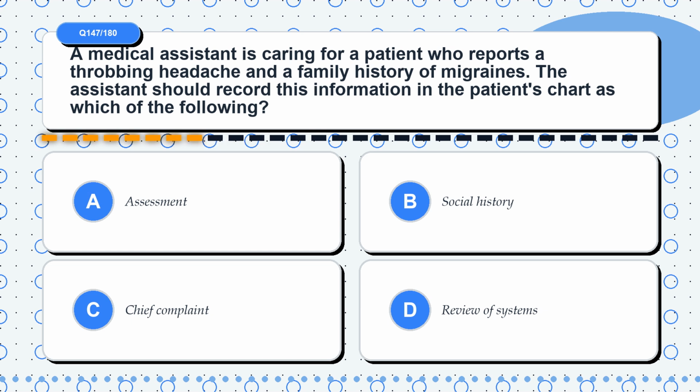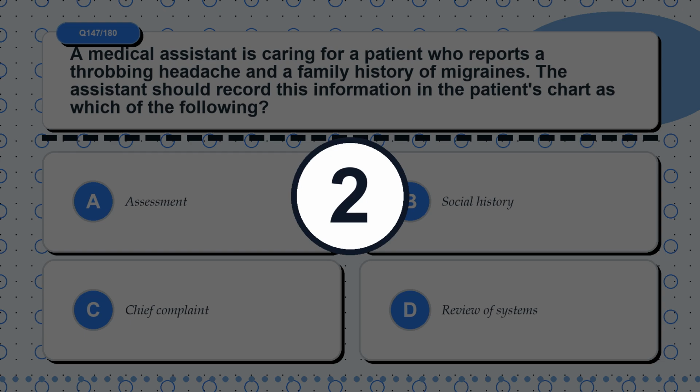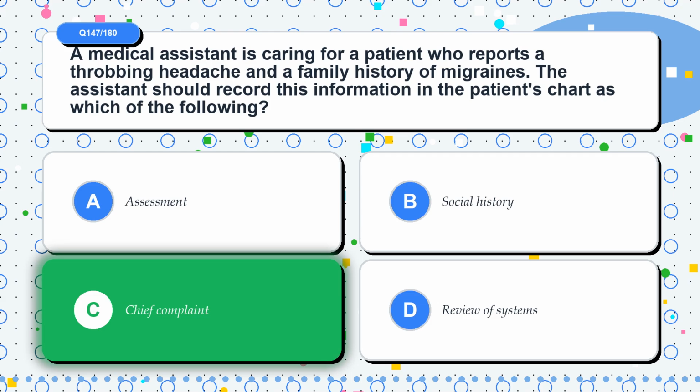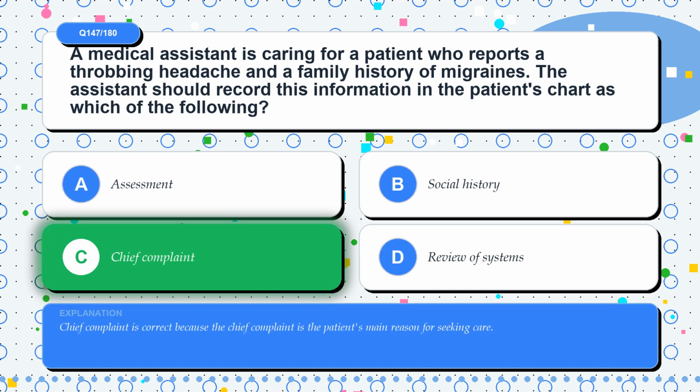Option B, social history. Option C, chief complaint. Option D, review of systems. The correct answer is option C, chief complaint. Chief complaint is correct because the chief complaint is the patient's main reason for seeking care.